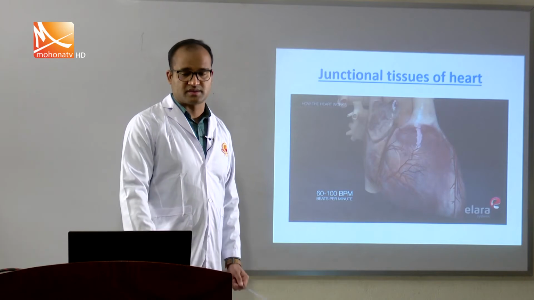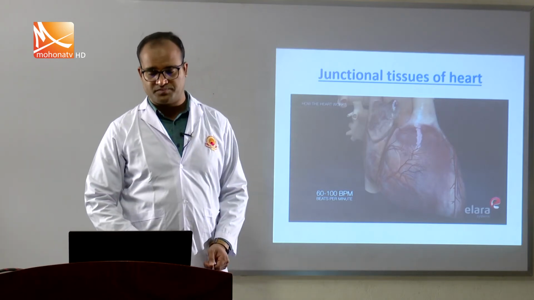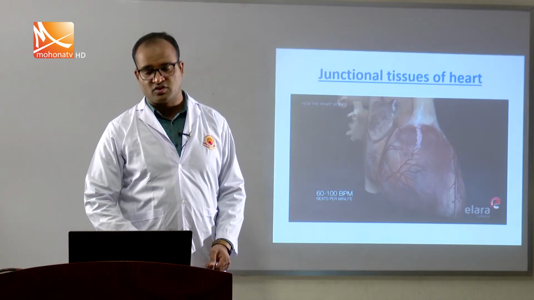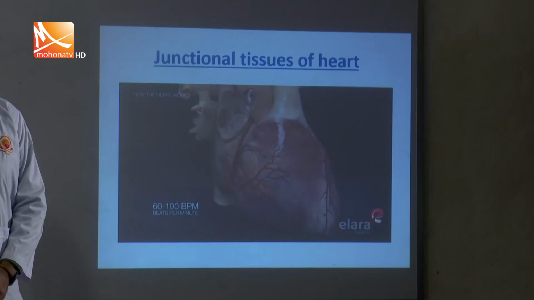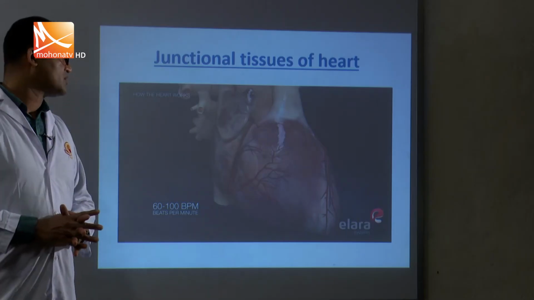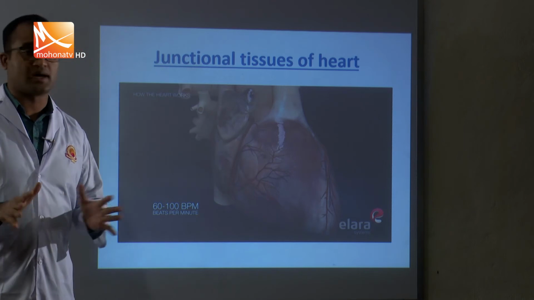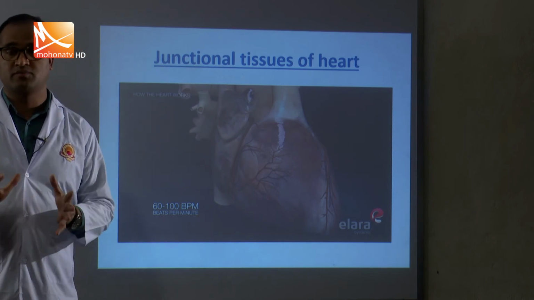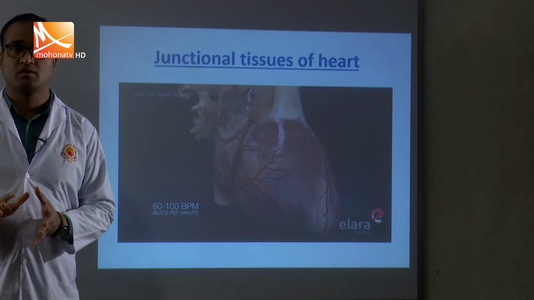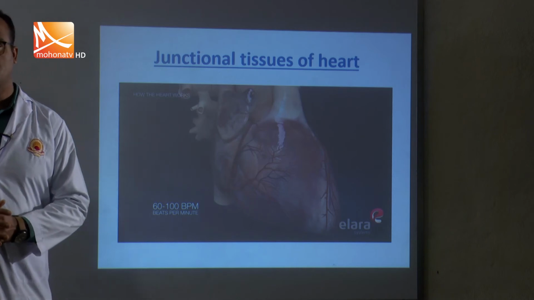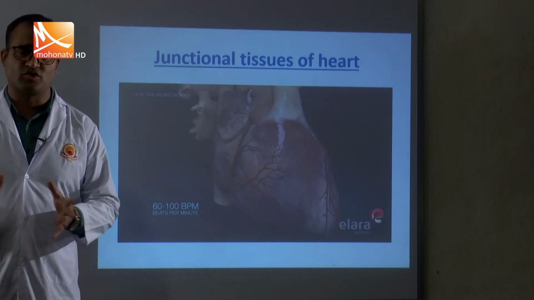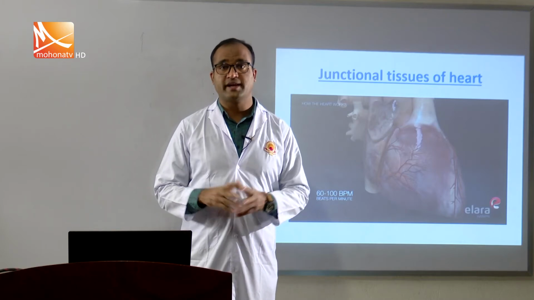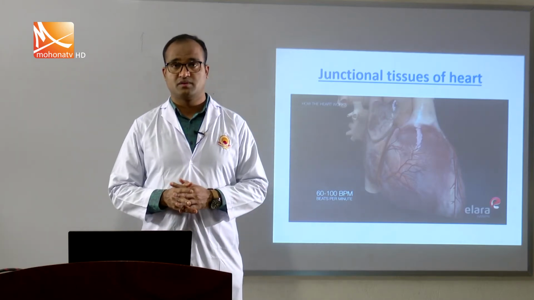Besides this, some junctional tissues make up the human heart. The junctional tissue helps the heart to contract and relax. We know that the human heart always contracts and relaxes without any external stimulation.